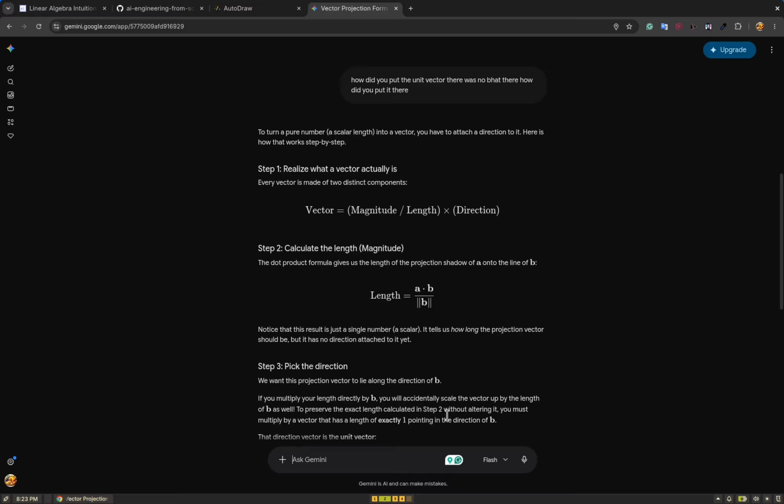Each vector is made of magnitude, length, and direction. A dot B over B is the length of the shadow of A onto B. And there is some direction.